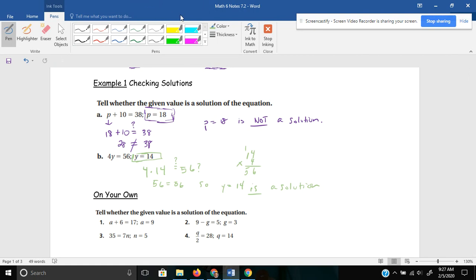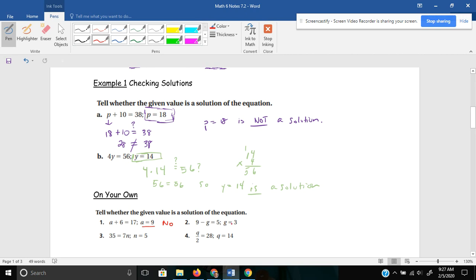The key here is just being able to substitute your different values of your variable into your equation and test to see if that solution works. So here I got a equals 9. 9 plus 6, does that give you 17? No, that gives you 15. Number 2, 9 minus g.